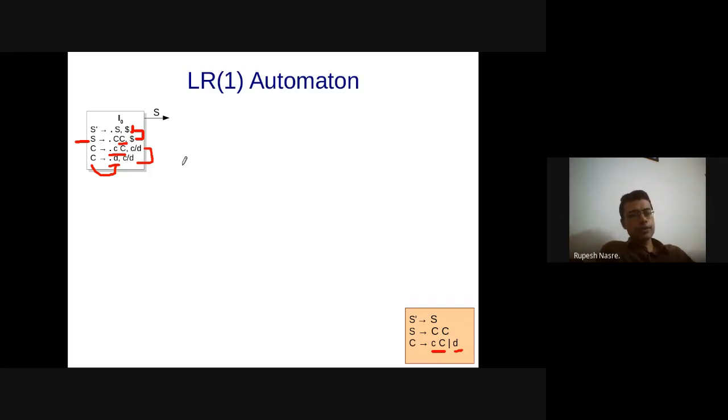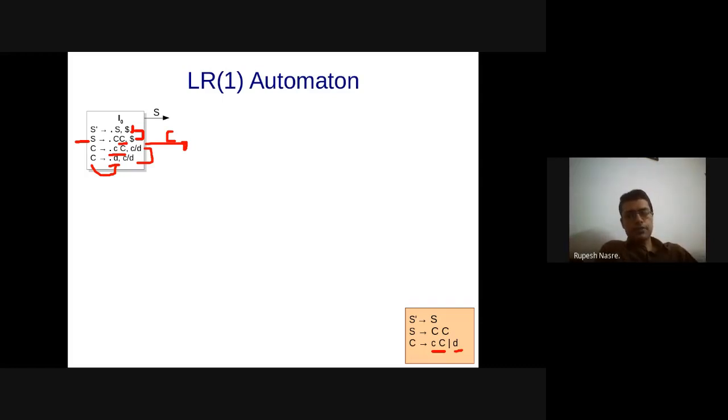It won't be dollar. Dollar is going to appear when there is a transition from this on capital C. After that, S deriving C.C is going to appear with dollar as the lookahead. And from that C1.C2, when we derive items .Cc and .d, at that time dollar will appear as the lookahead symbol, not in the first C1.